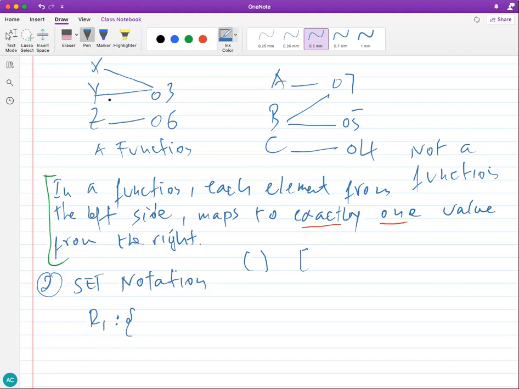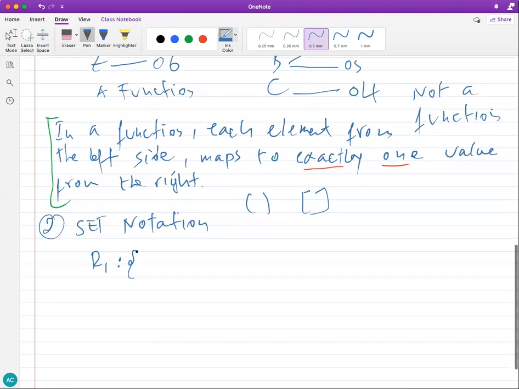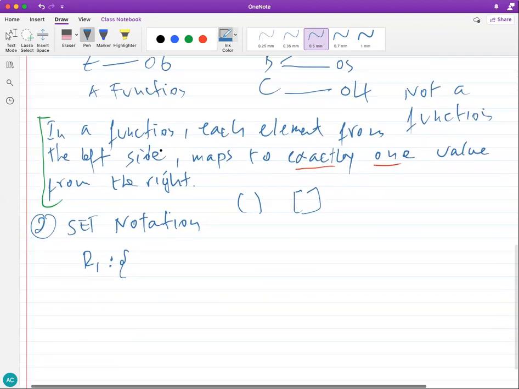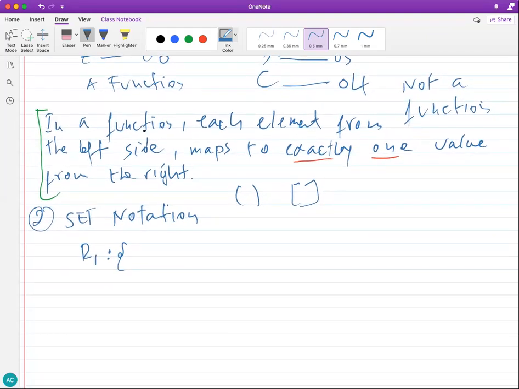For example, this one I'm going to call R1, and we're going to call this R2, for relation or function, whatever it is. Any name, basically. So you need a name, colon, curly braces, and then inside the curly braces we write all the ordered pairs. What are the ordered pairs of this relation? Is the set notation always in between parentheses or brackets? Curly braces, not parentheses, not brackets.